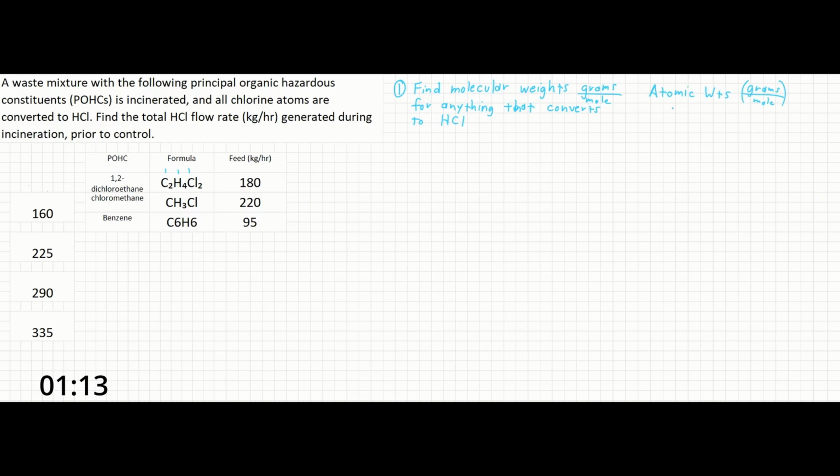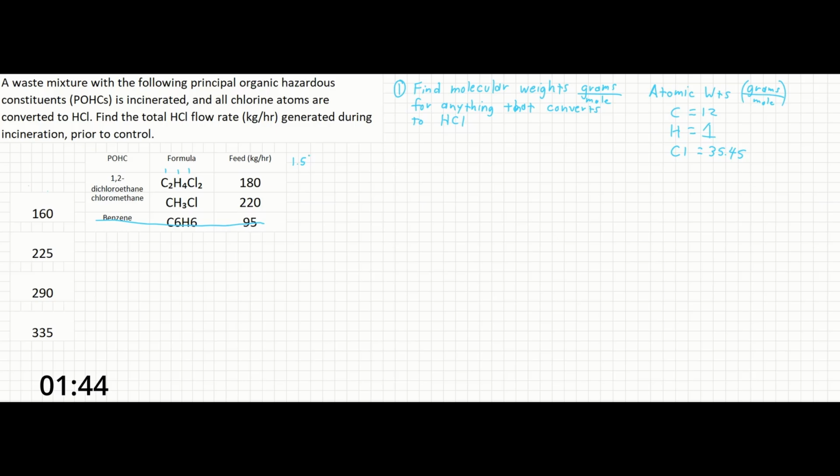So C is going to be 12 grams per mole, H is going to be 1, and Cl is going to be 35.45. So we can calculate the molecular weights now for each of the feed items that contributes to HCl. This would rule out benzene from the rest of the problem, since there is no Cl in that waste feed.